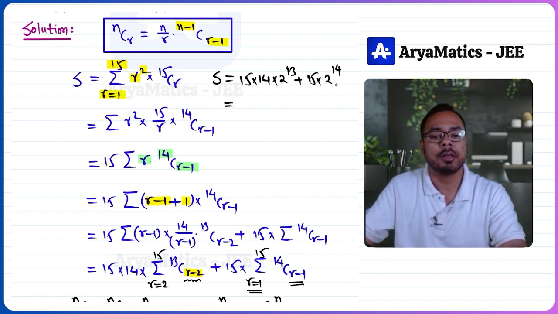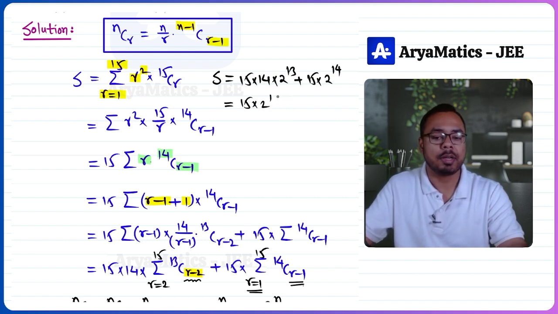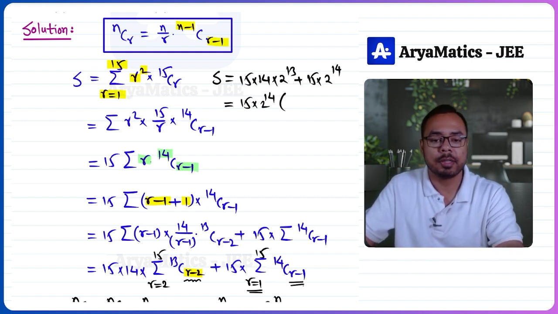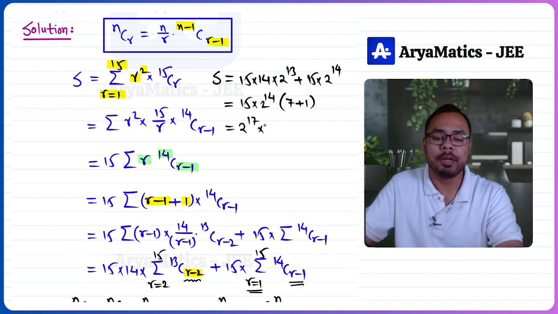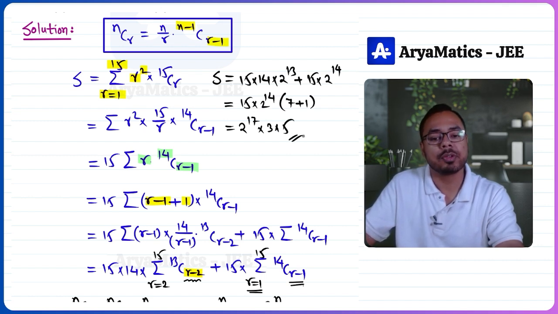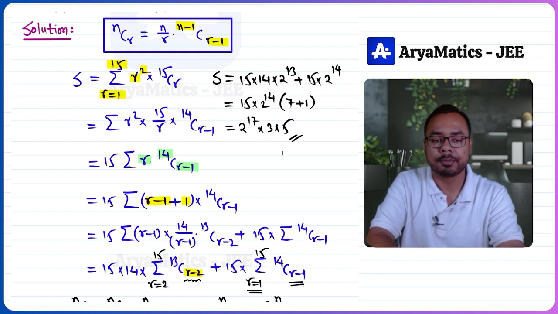Now from here you can take 15 common, and 2 raised to 13, in fact 2 raised to 14, common. So this becomes 7, and from here you will get 1, right? So finally this will become 8. So 14 plus another 3, that is 2 raised to 17, and 15 one can write as 3 into 5. So this is the sum that we are getting finally.